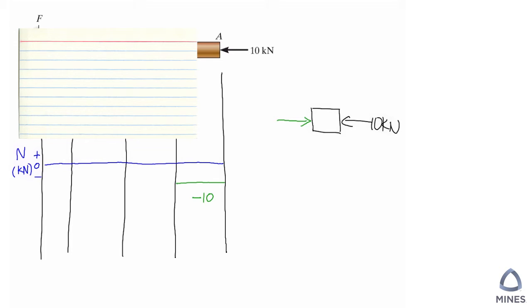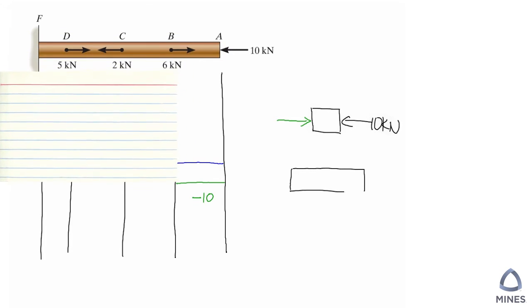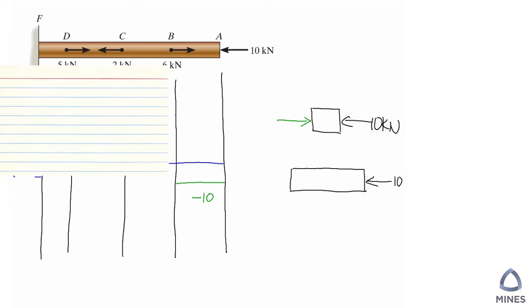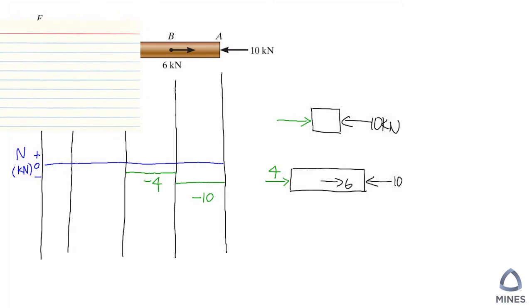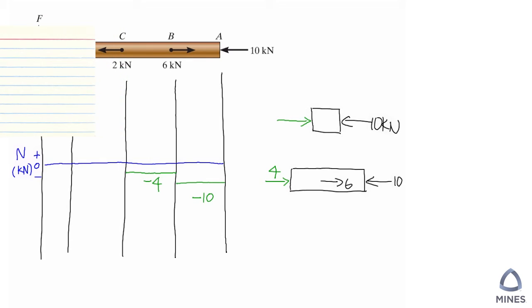If you keep moving your cut, once we pass point B, we are going to involve more loads, which means our FBD will change. This time the internal force will still be compression, but a little bit less, so our axial load diagram will be drawn like this. Again, keep moving your cut.